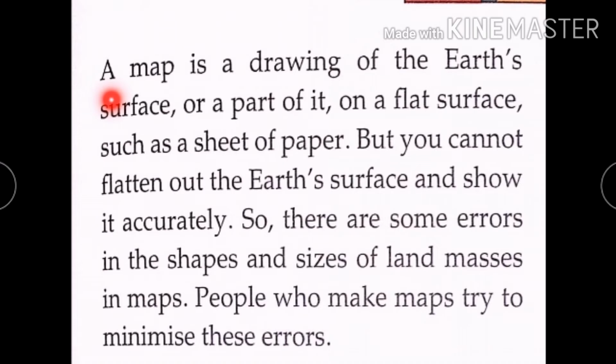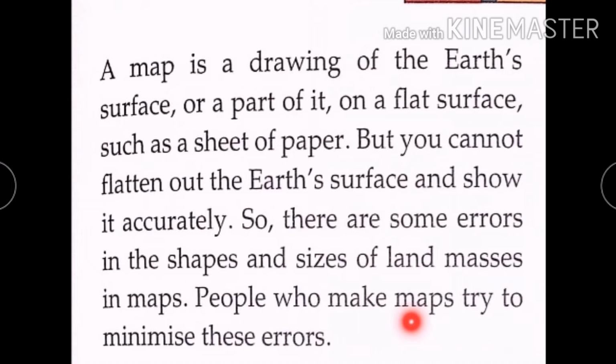Now, what is a map? A map is a drawing of the earth's surface or a part of it on a flat surface such as a sheet of paper. But you cannot flatten out the earth's surface and show it accurately. So, there are some errors in shapes and sizes of land masses in maps.